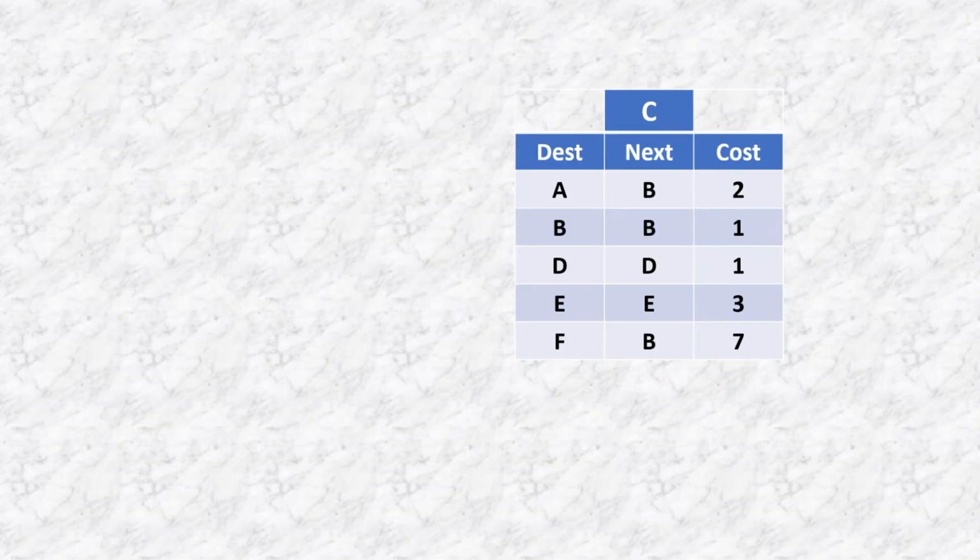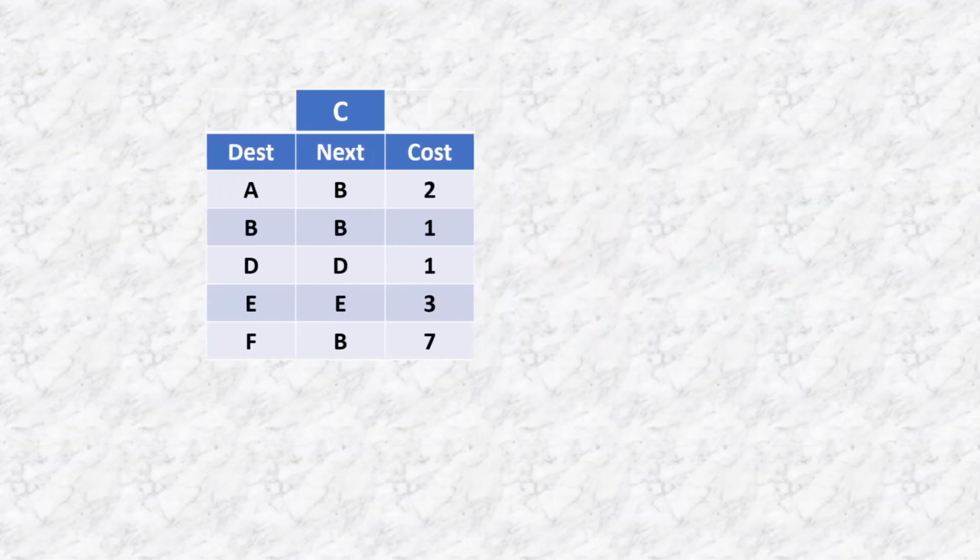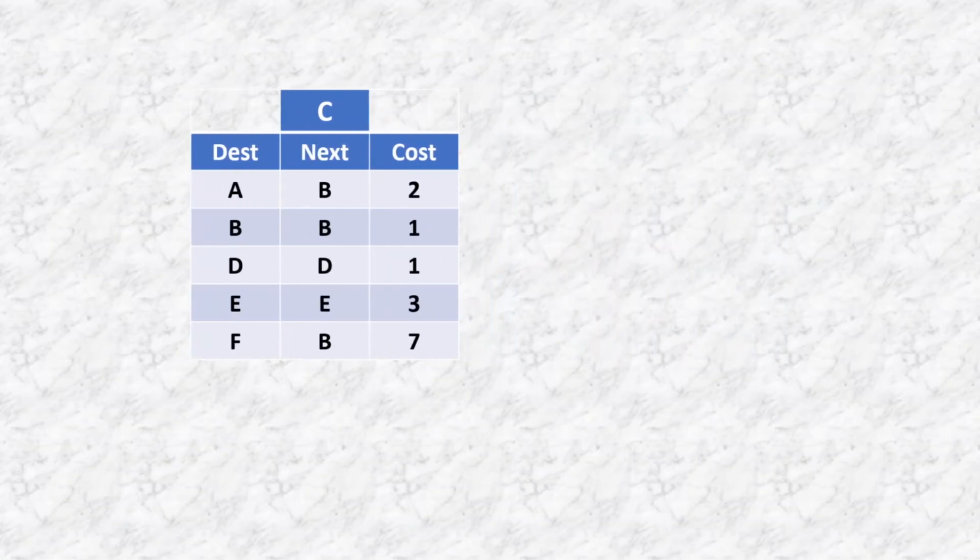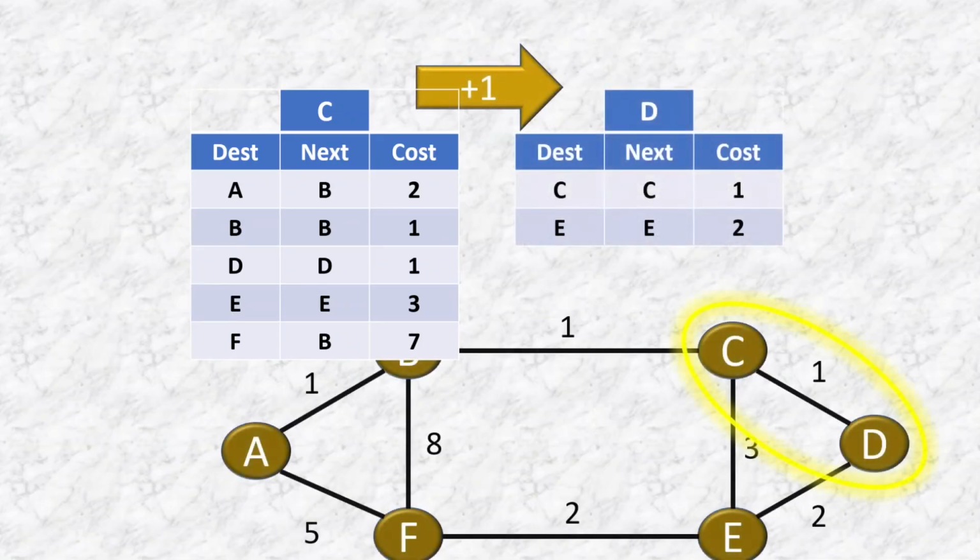Now we have a nice routing table existing at node C, and we can consider moving or passing it to node D so that node D can update its routing table. As a reminder, the cost to transmit anything between C and D was 1. That is why we have indicated the cost there as a +1.